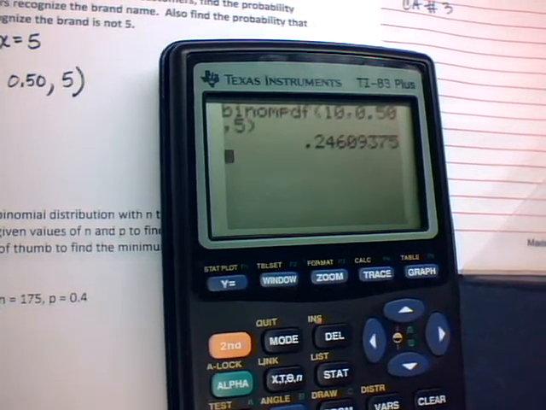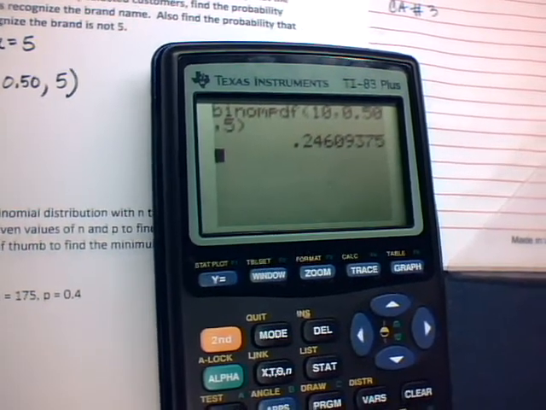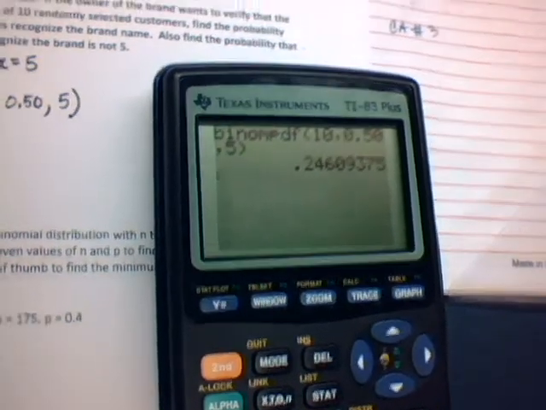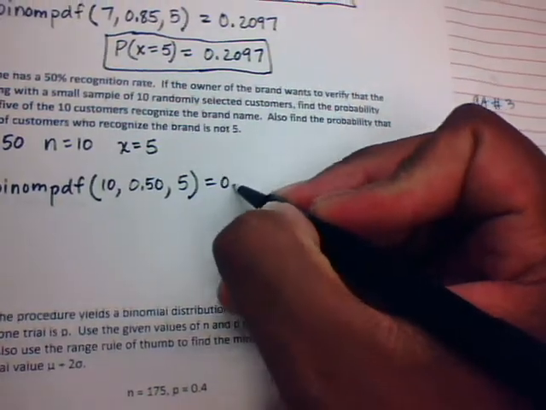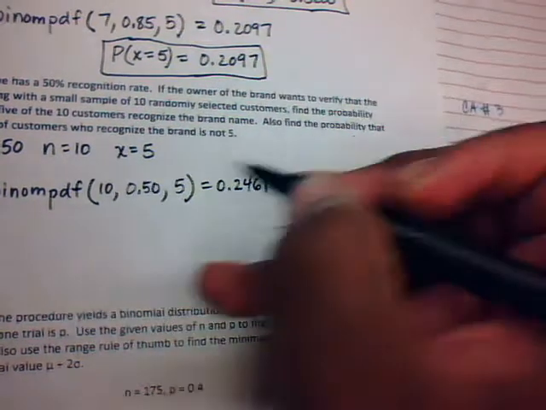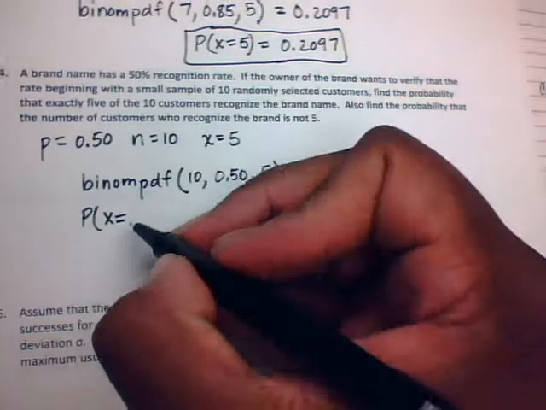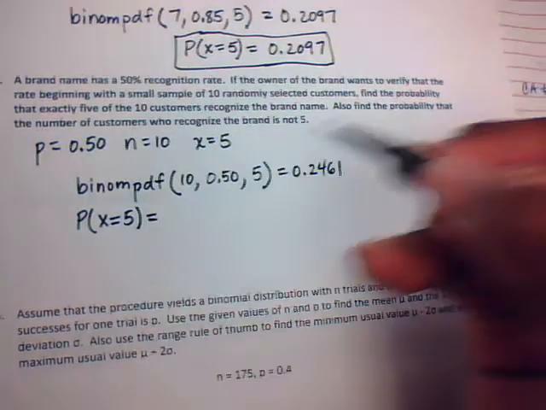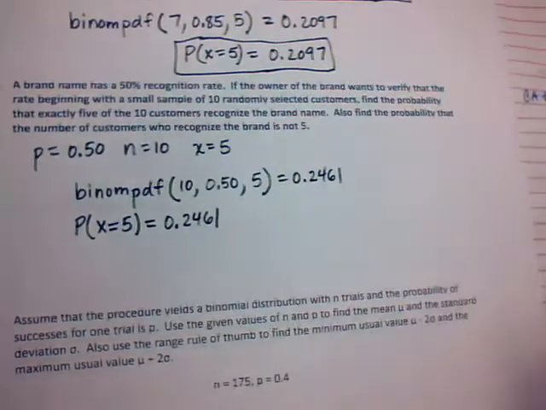In this case, we round this to 4 decimal places, so it'll be 0.2461. So the probability of exactly 5 successes will be 0.2461.